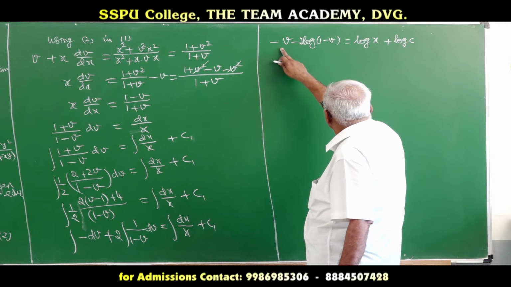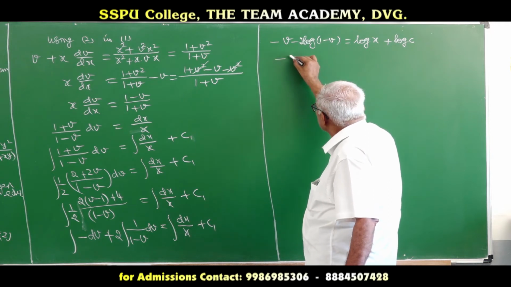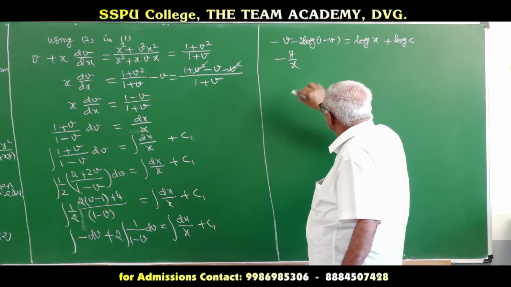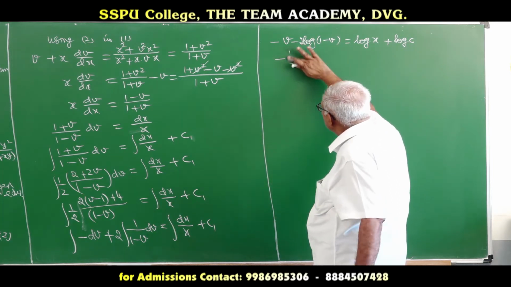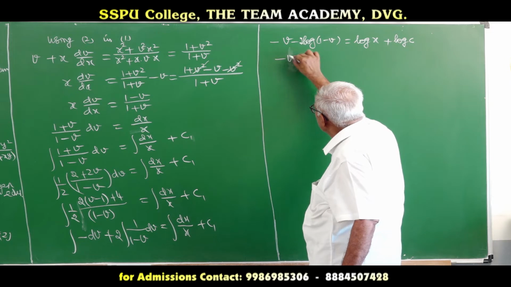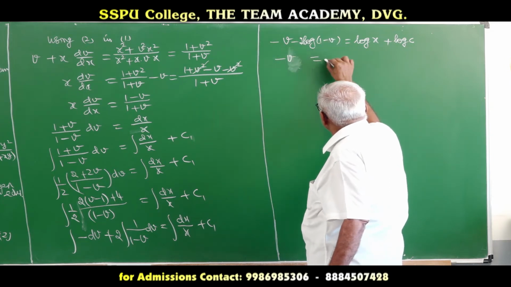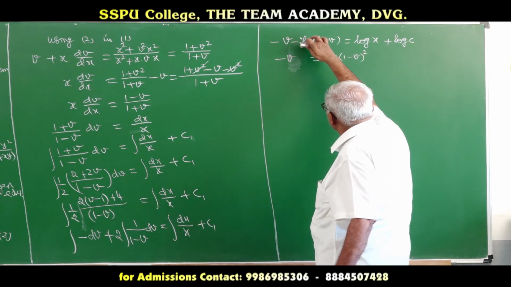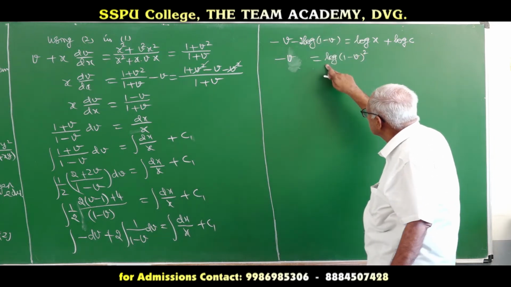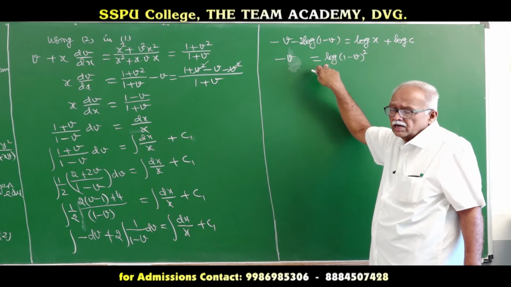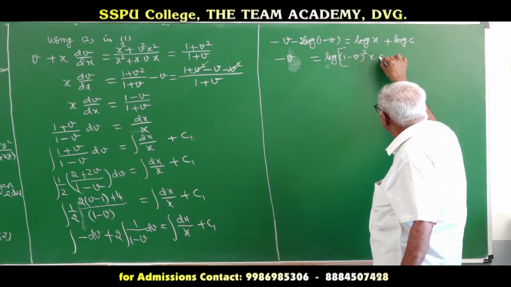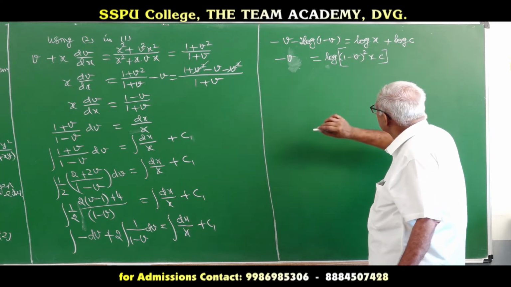So here we can write this as minus v. Minus v is now y by x, or let us keep it for one more step. We will simplify the logarithms. Here log 1 minus v whole square, the 2 can be taken as minus. When it comes to the other side it becomes plus, and here all of them are in plus, so x into c.